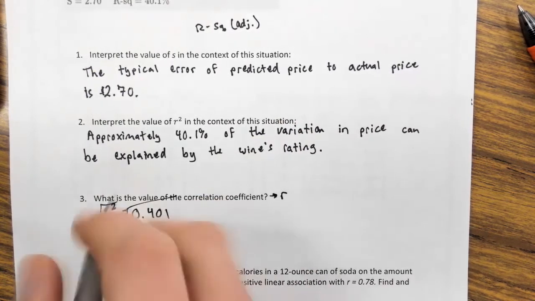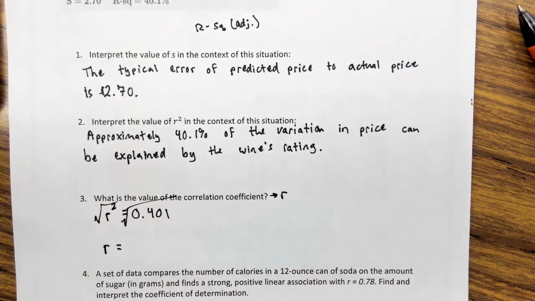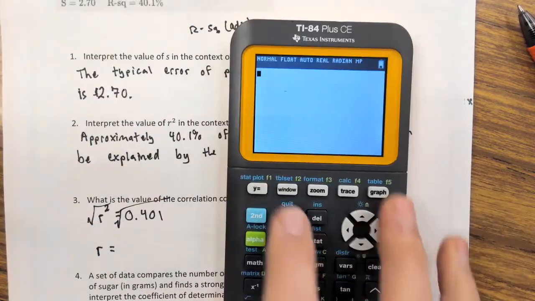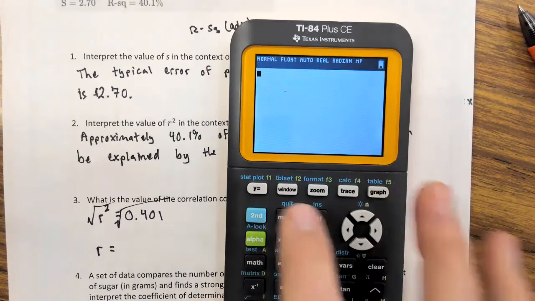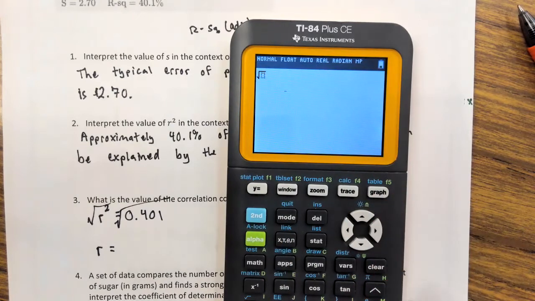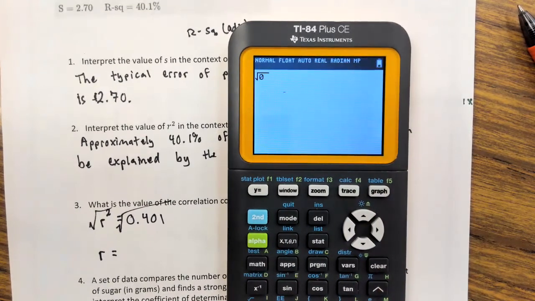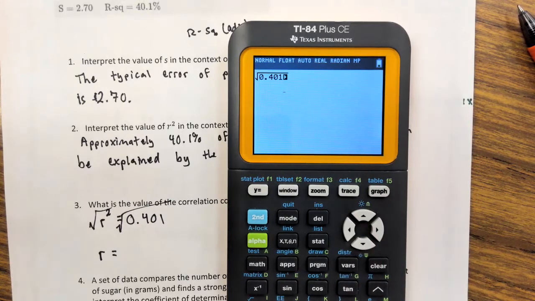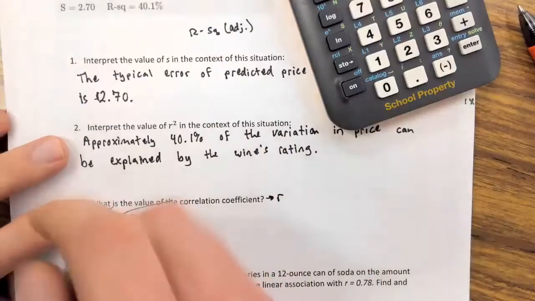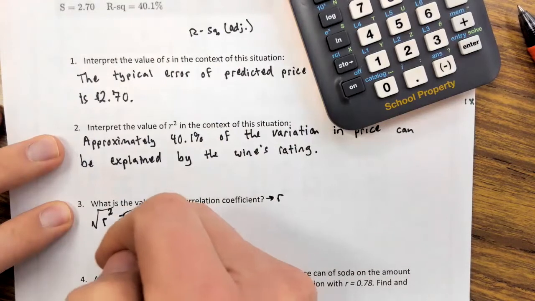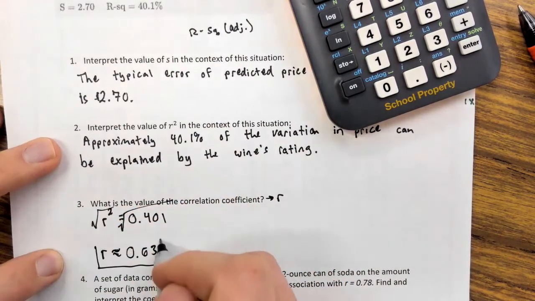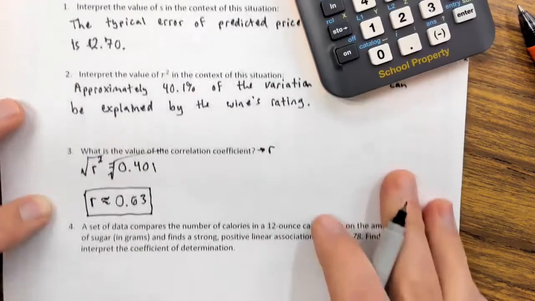So the correlation coefficient would be equal to the square root of 0.401. I'll use a calculator. There we go. So 0.63 should be just about it. The correlation coefficient would be just about 0.63.